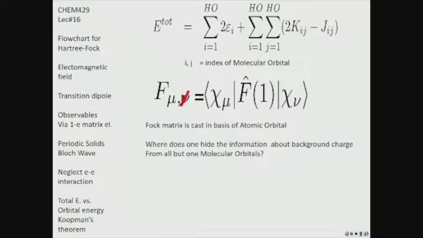And electrons are distributed over molecular orbitals. So the Fock matrix that we are using in the self-consistent cycle should include information about molecular orbitals and occupation of molecular orbitals. But formally, it's just 3 letters: F, mu, nu. F, Fock, mu, nu, atomic orbitals. Where are molecular orbitals and where are the occupations of molecular orbitals?